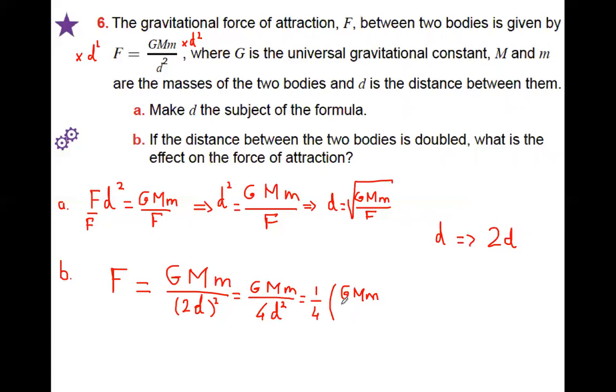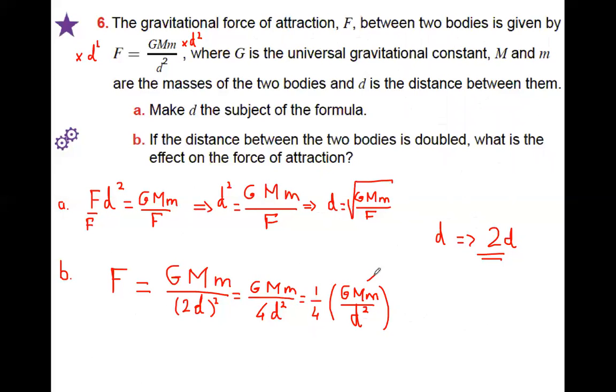I'm trying to basically get back to this F here and see what we've done. We've doubled D. Doubling D basically divided the force of attraction by 4. That was the original force of attraction.